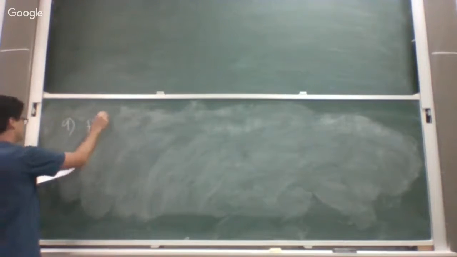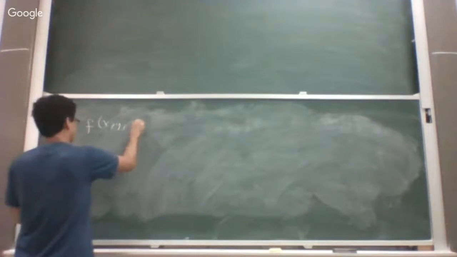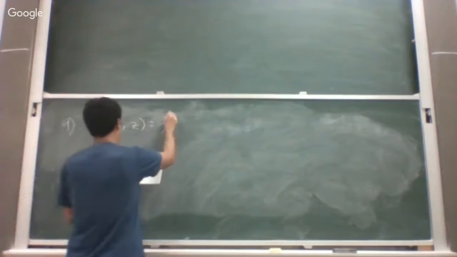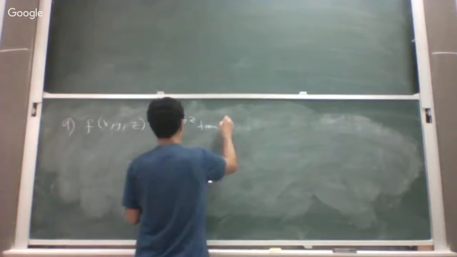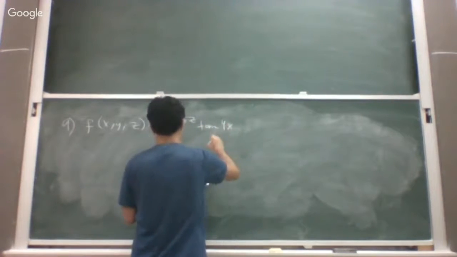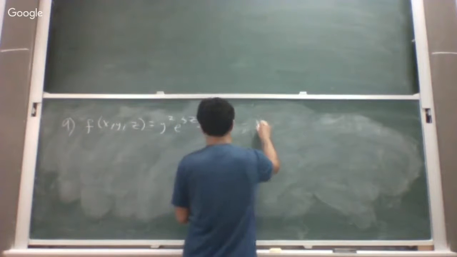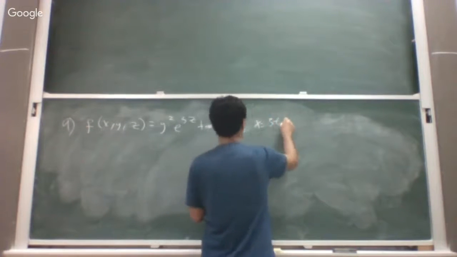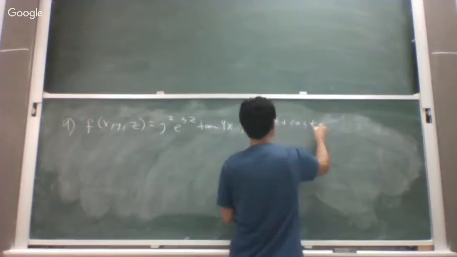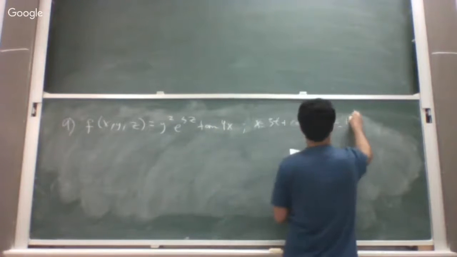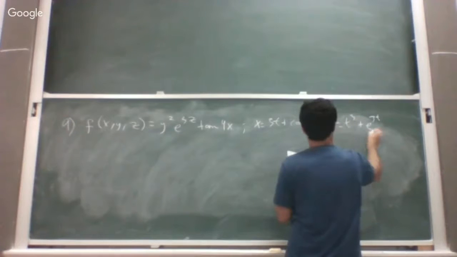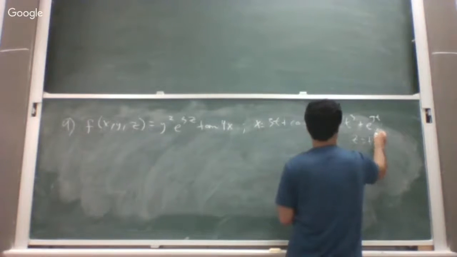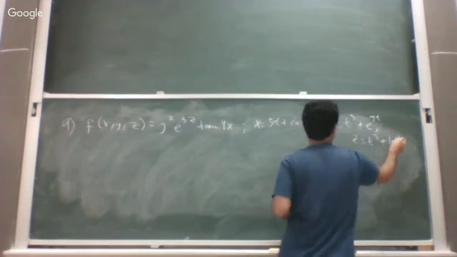We are given for 9 a function of x, y, and z: y squared e to the 3z tan of 4x. We are told that x is equal to 3t plus cosine of t, y is equal to t cubed plus e to the 3t, and z is equal to t cubed plus the natural log of t.